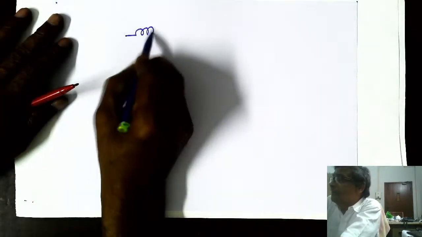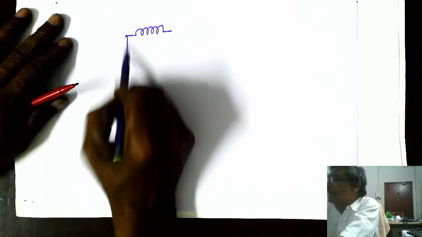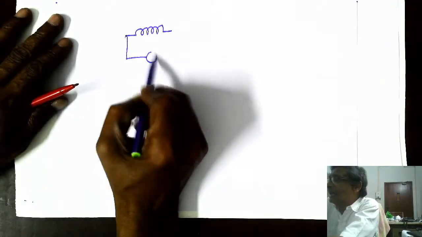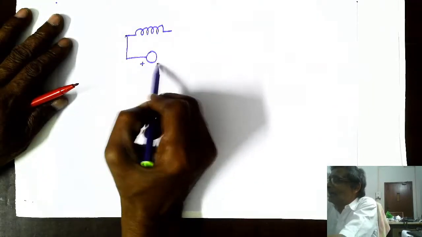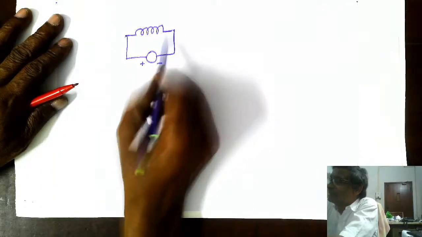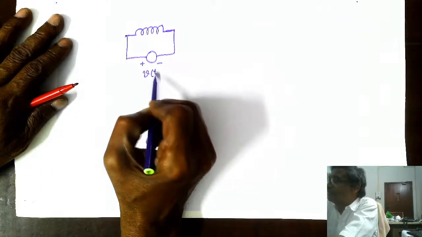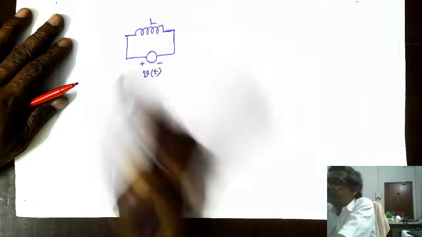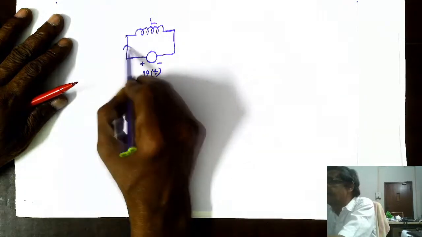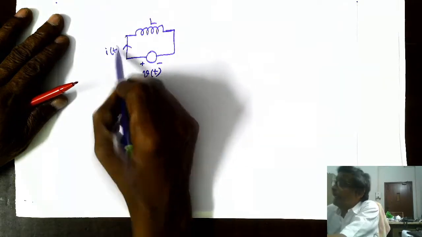Suppose you have an inductor here, and you have connected a voltage source across it, Vt. This is a constant inductor, and this is the current, It, I want to find out.